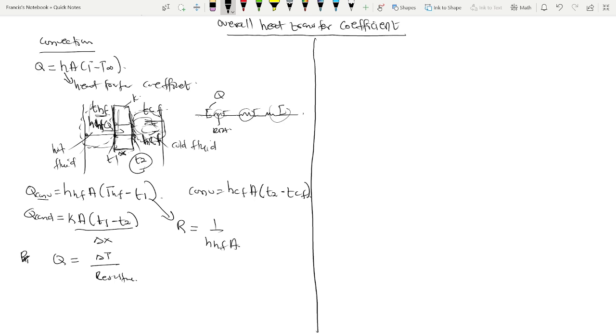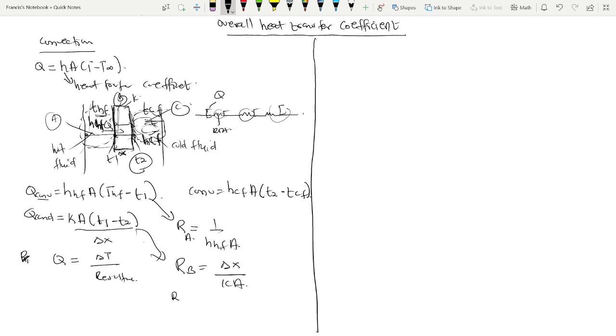For this part, let me call this part A, part B, and then part C. So the resistance in A will be this. The resistance in B, because it's by conduction, is going to be Δx over kA.